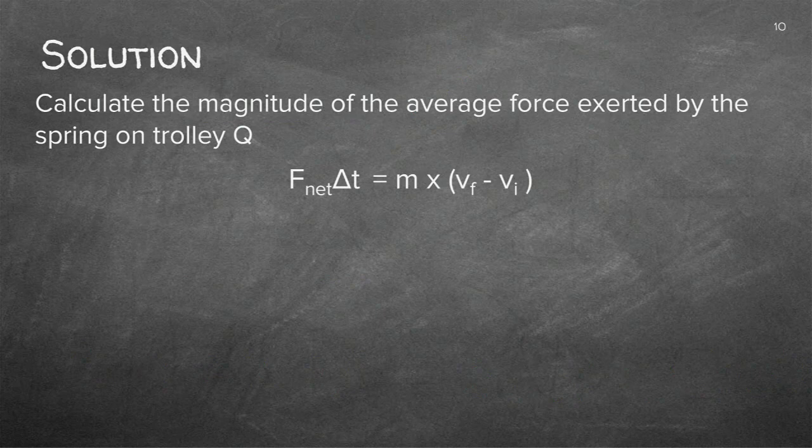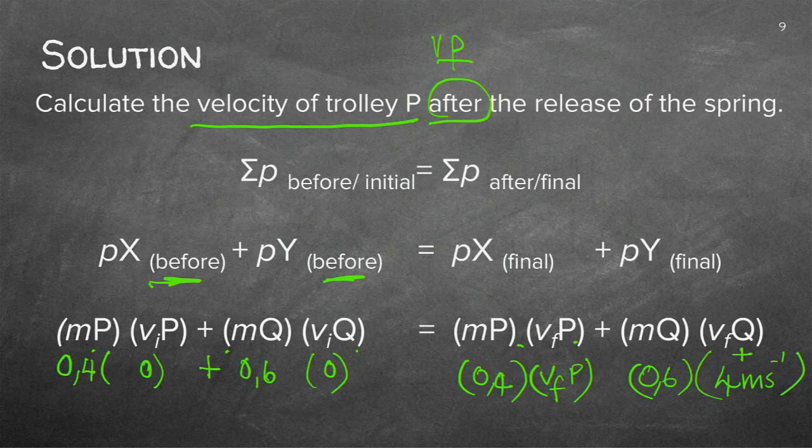Can we now do the math? Right. So I've got the 0 and 0 there, which gives me a value of 0. This side I've got 0.4 VF plus 0.6 times 4 is 2.4. And now you just have to do the math. So it's 2.4 this side, it is 0.4 VF that side.